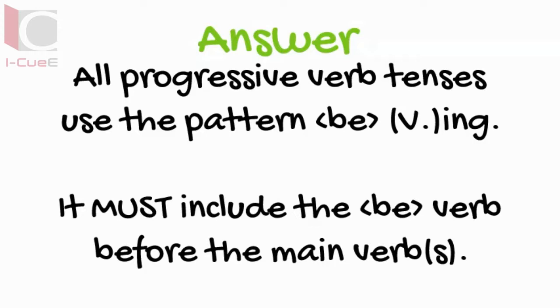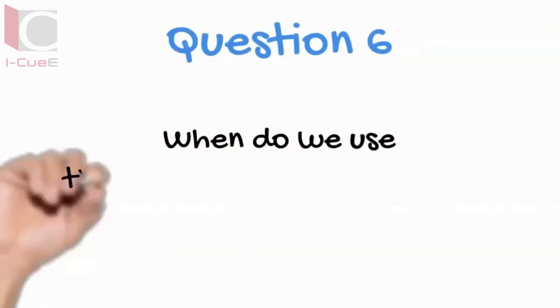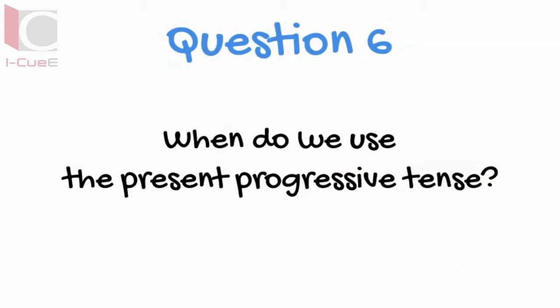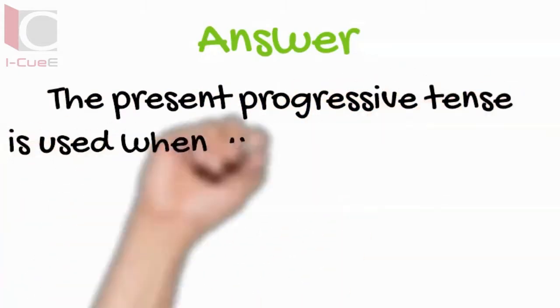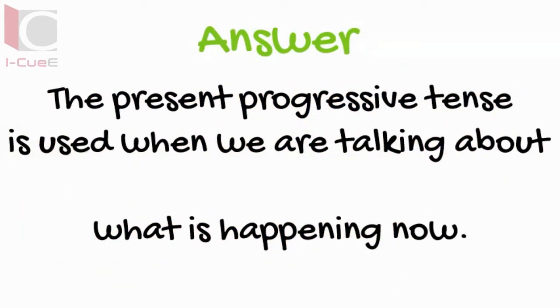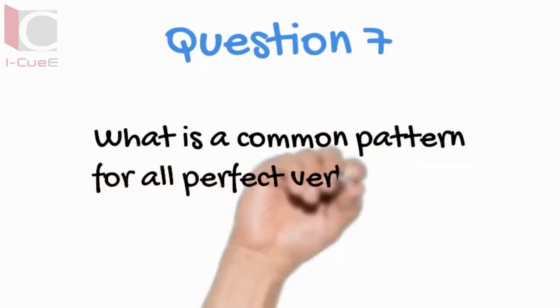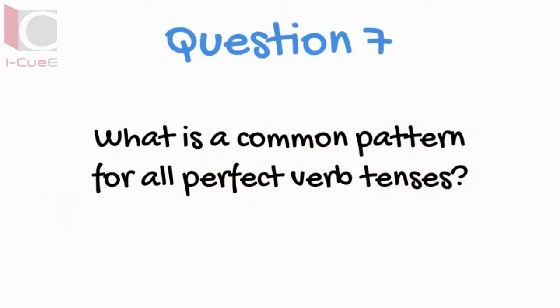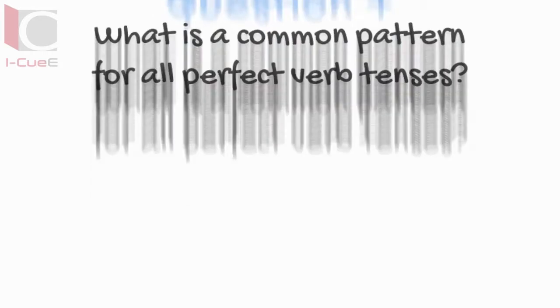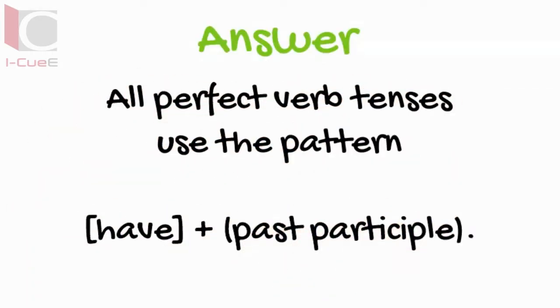It must include the be verb before the main verb. When do we use the present progressive tense? The present progressive tense is used when we are talking about what is happening now. What is a common pattern for all perfect verb tenses? All perfect verb tenses use the pattern have plus past participle.